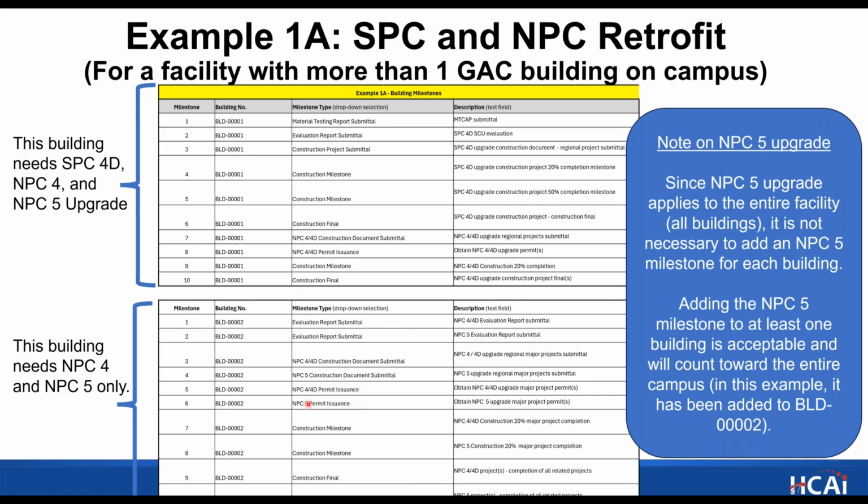And again, these ones have a deadline, that's the March 1st, 2028. And then the rest of the milestones will be pertaining to construction. So the 20% completion of the NPC 4 construction project, the 20% completion of the NPC 5 project, and then the construction final for each of those.